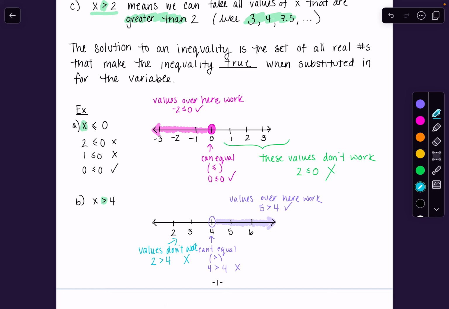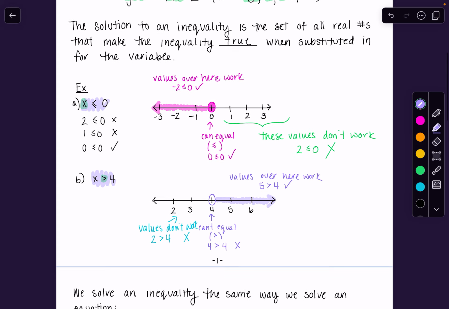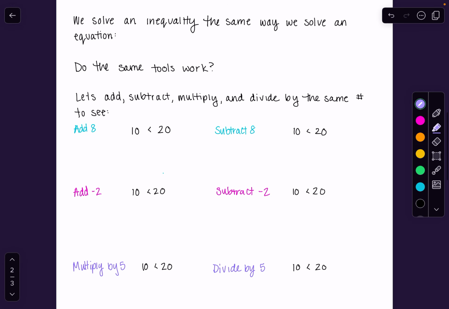Okay. So what we're going to be doing is, if we have a more complicated inequality, we try to get the variable x on its own so it looks something like this that I could create a number line from. The problem is there is an extra rule that I have to do. When we're solving an inequality, we really do it the exact same way that we do an equation.